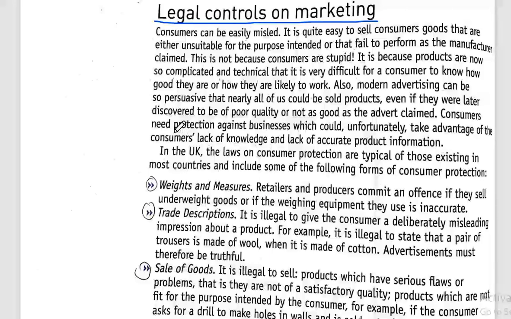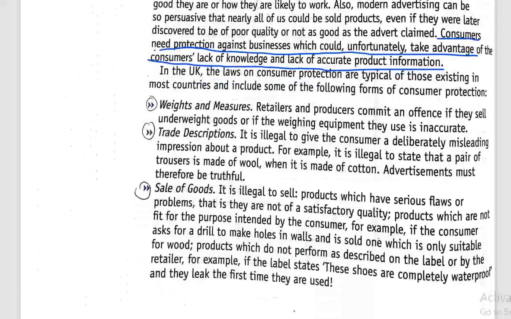Consumers need protection. So over here, the legal controls on marketing. Why? Because consumers need protection against businesses which could unfortunately take advantage of the consumer's lack of knowledge and lack of accurate product information. The legal controls on marketing are in order to help consumers not to be misled by any information, and not to be taken advantage of just because they don't know or don't have enough information.